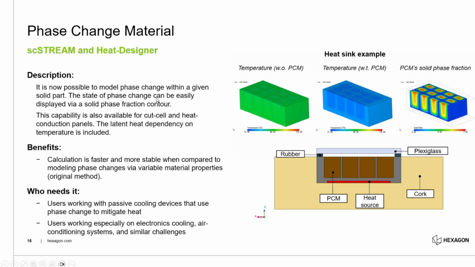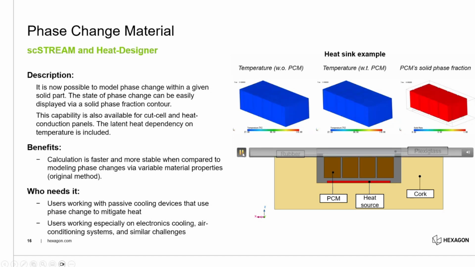Now, previously, you could have done this by specifying a CP value that just changes by a massive amount at a certain temperature, but it's a very inefficient way. The method that they've implemented here is specifically to do phase changes and is much more efficient. So there's an example.